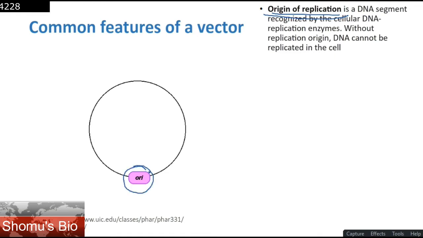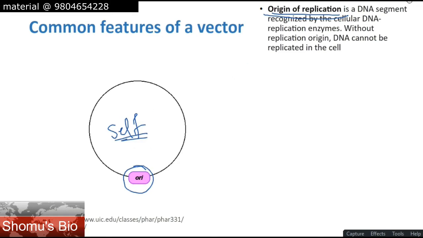In any vector, there should be a region from where replication begins, because if you take a plasmid as a vector, then obviously that plasmid should have a start point to replicate itself, because a plasmid is a self-replicating molecule, right? So you need something to start this replication process. So that is one thing, origin of replication is required.